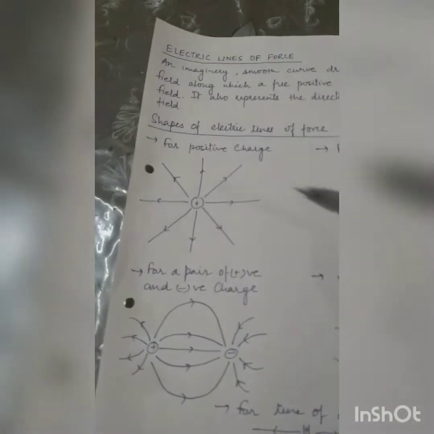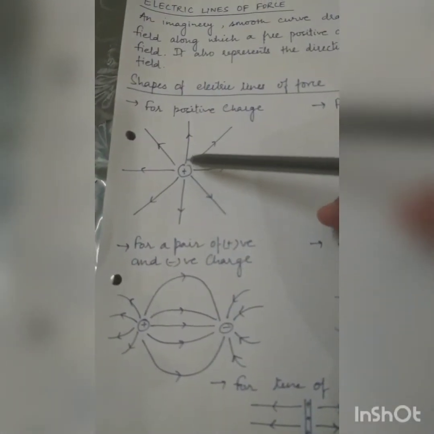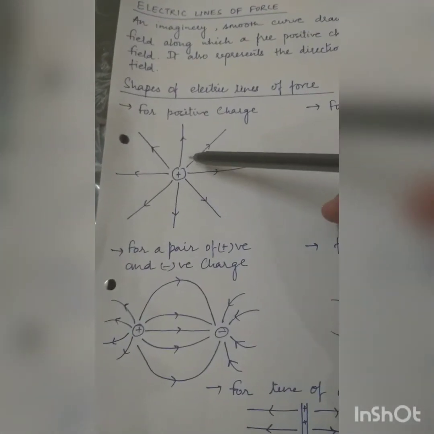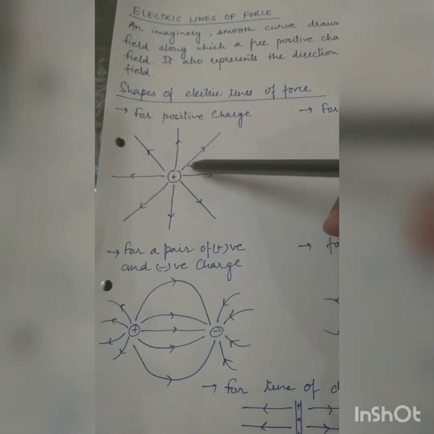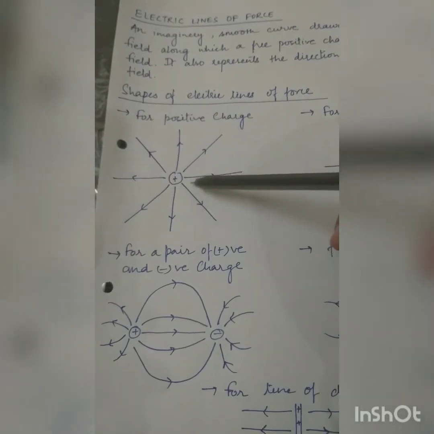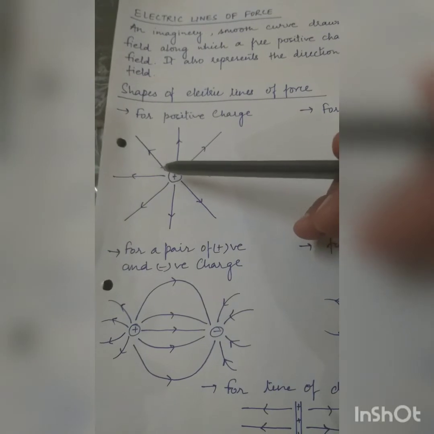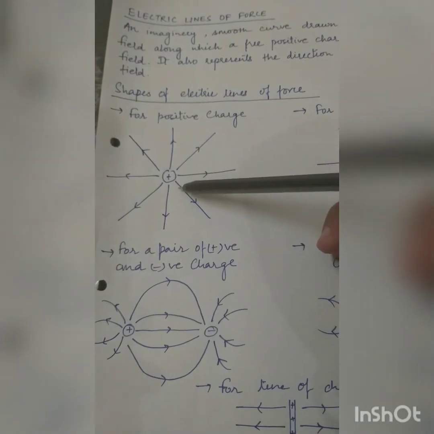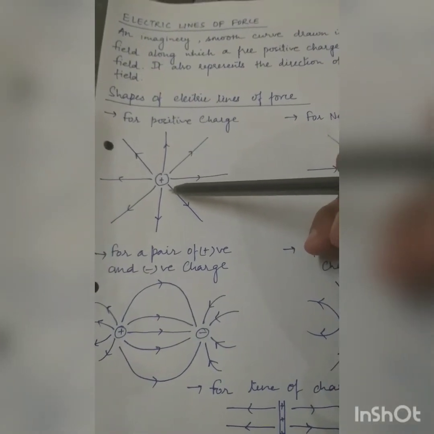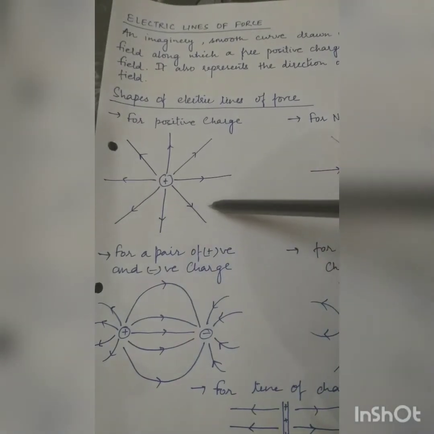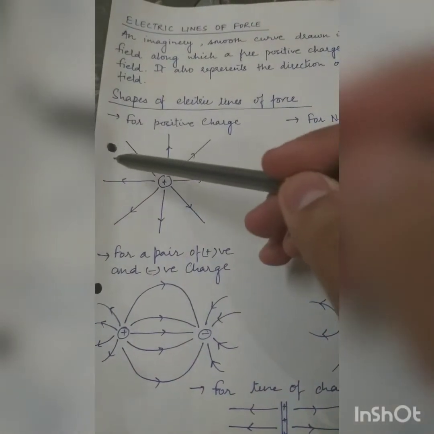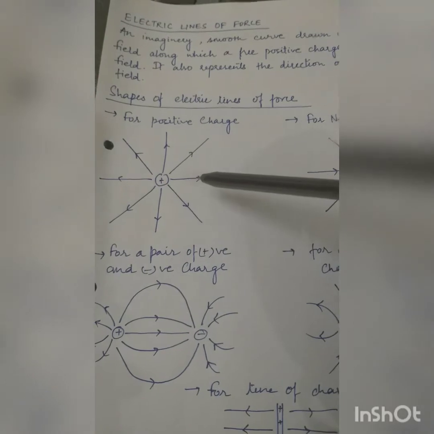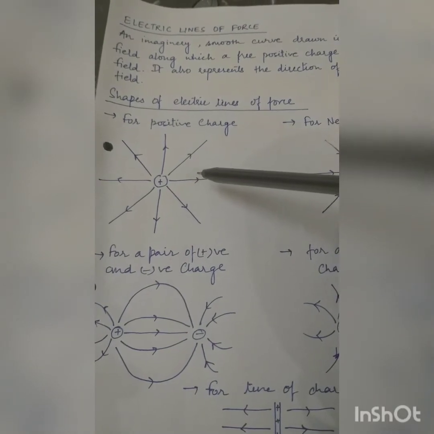Means suppose near this charge here, electric lines of forces are very near to each other. Means at all these points the intensity of electric field will be strong, and at these points where field lines are separated from each other, the intensity of electric field will be weak.